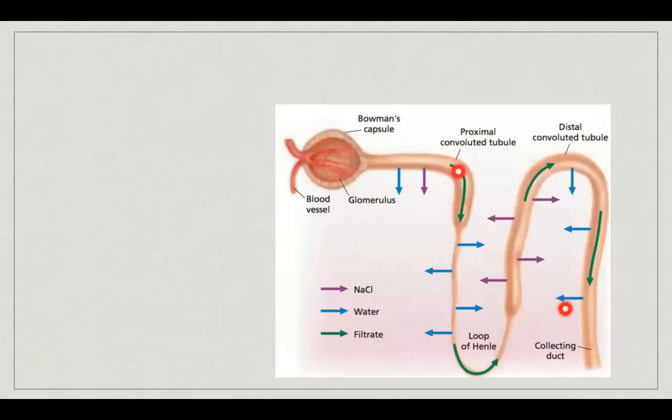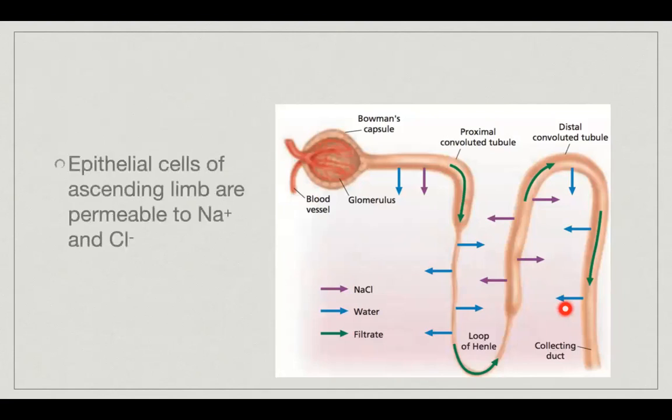You've got reabsorption occurring here, which means water moves out by osmosis because it's more concentrated on this side, and over here, the cells are permeable to sodium and chloride, which move out, which means on this side, you have water moving out by osmosis. All of this combines to making urine as concentrated as possible so that you can reabsorb as much water as possible.